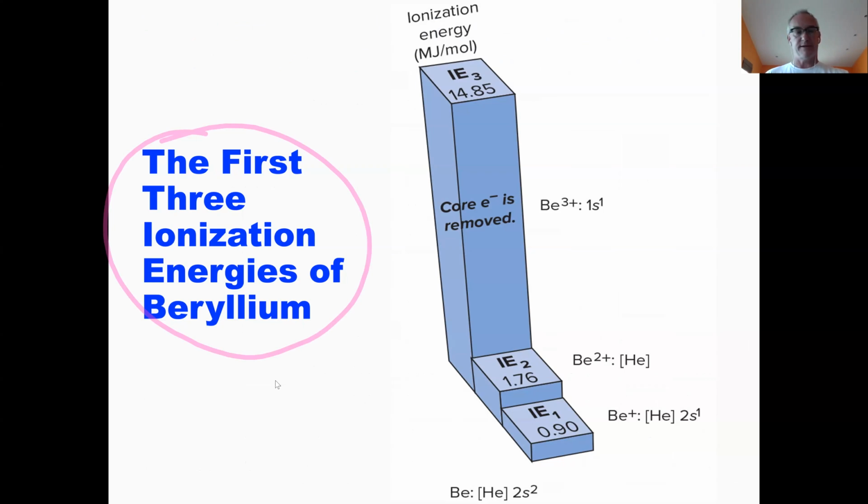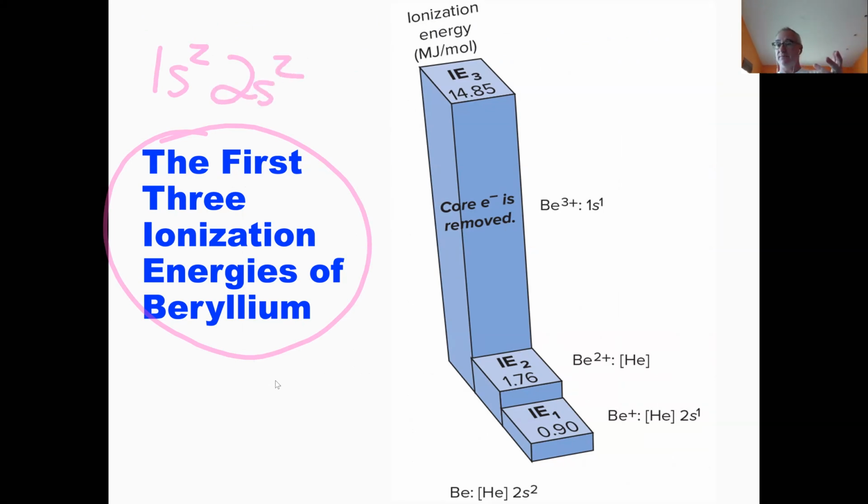It's one of the small ones. Four, right, that's 4. So it has 1s2, 2s2. That is the electron configuration for beryllium. So it just has those 4 electrons, and that's it.